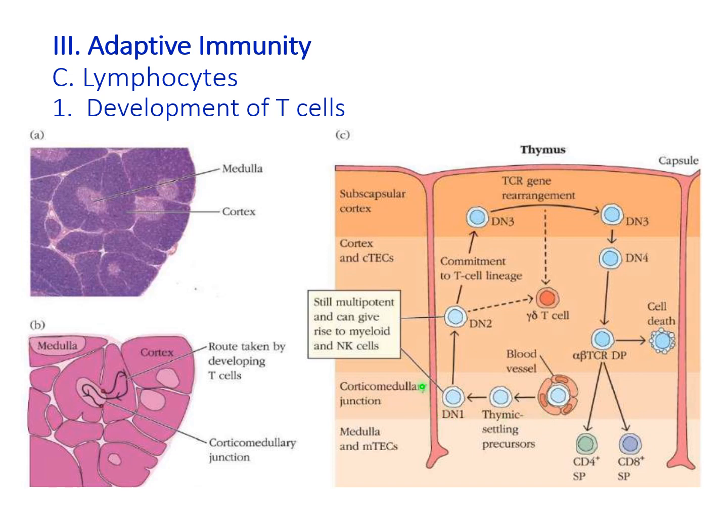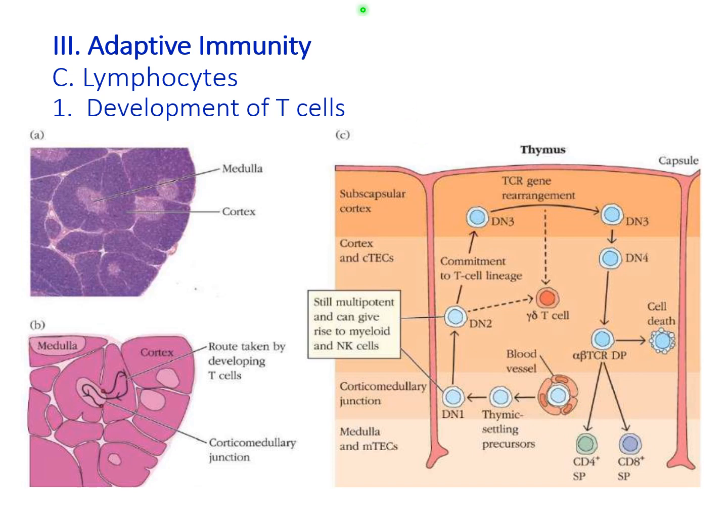And then they travel into the cortex, proliferating first in the subcapsular cortex. As they mature, they migrate from the cortex into the medulla and ultimately exit via vessels in the corticomedullary junction.